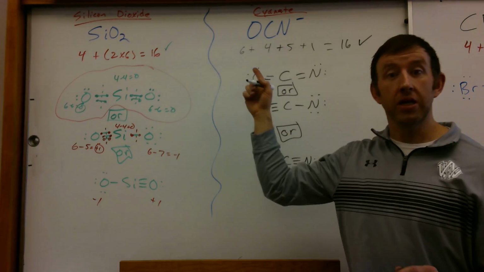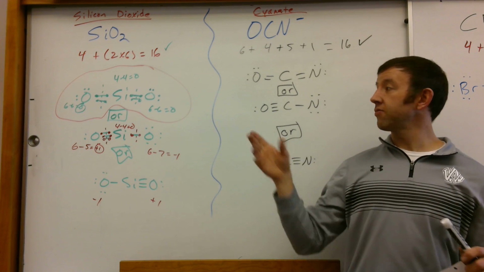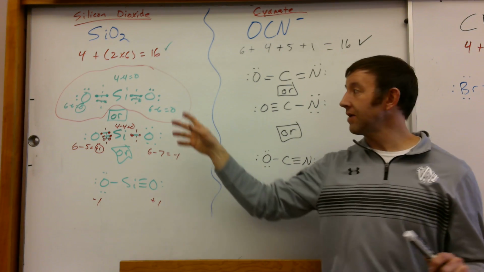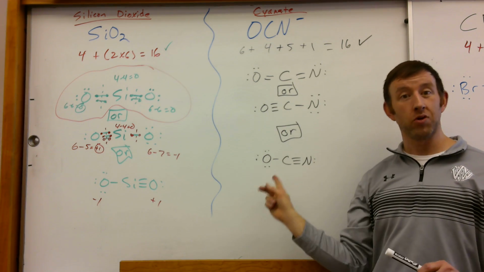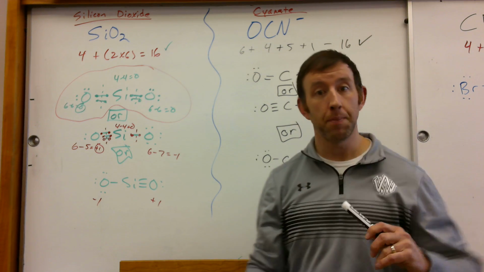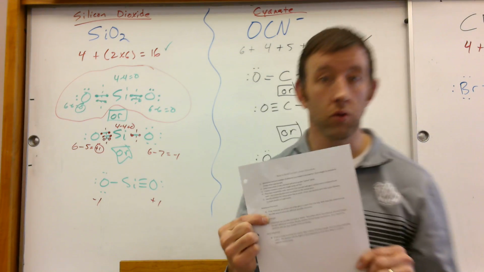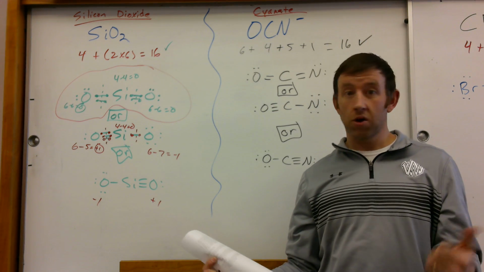Okay? 3 actually very different ways to draw this one. So I don't have like the nitrate where they're all the same, or even like the silicon dioxide with only one that's different. All 3 are unique ways to draw. All 3 meet all of these rules up through number 6. Okay? So, shoot. Well, which one's correct? Or are they all equally correct?